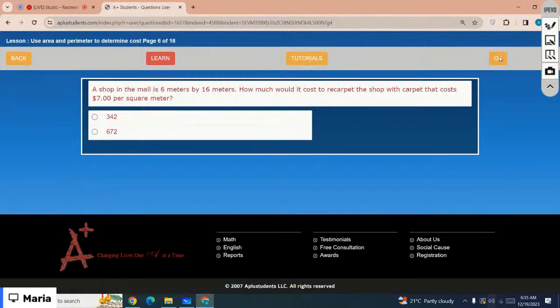How much would it cost to recarpet the shop with carpet that costs $7 per square foot? So, which is the correct option?